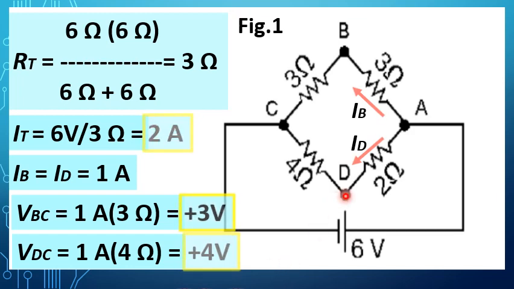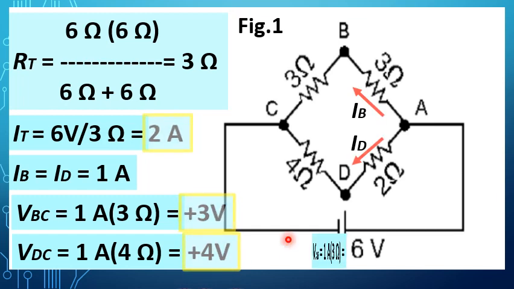Again, we say it is positive because the potential at point D must be higher compared to point C. We are getting their difference, and that difference is equal to positive 4 volts.